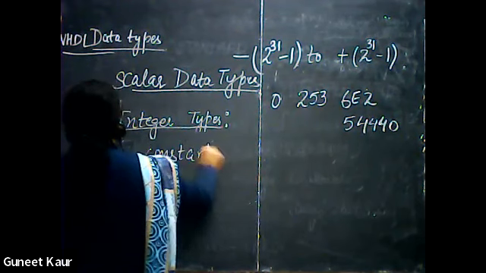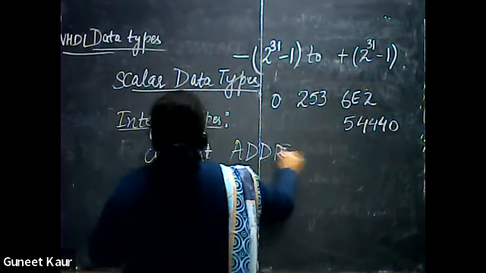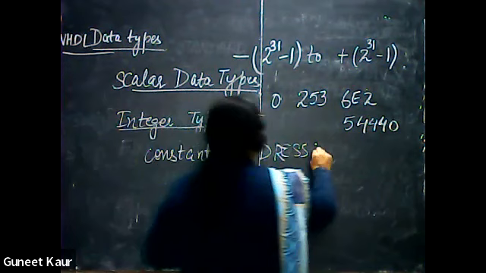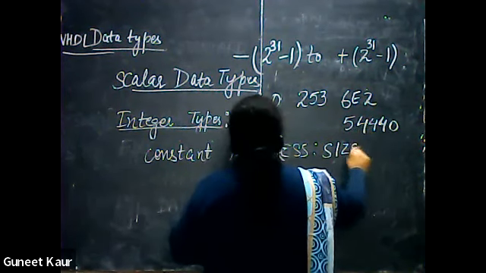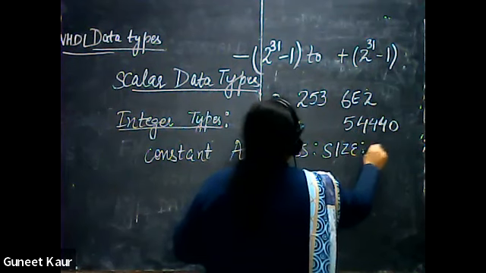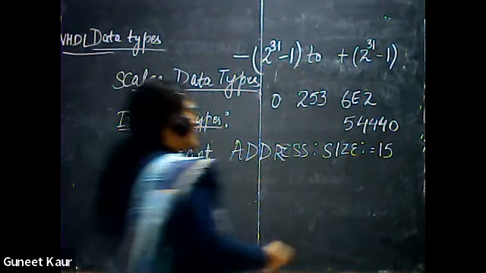That is, constant name is address, and the size here is equal to 15. So this is your integer type.